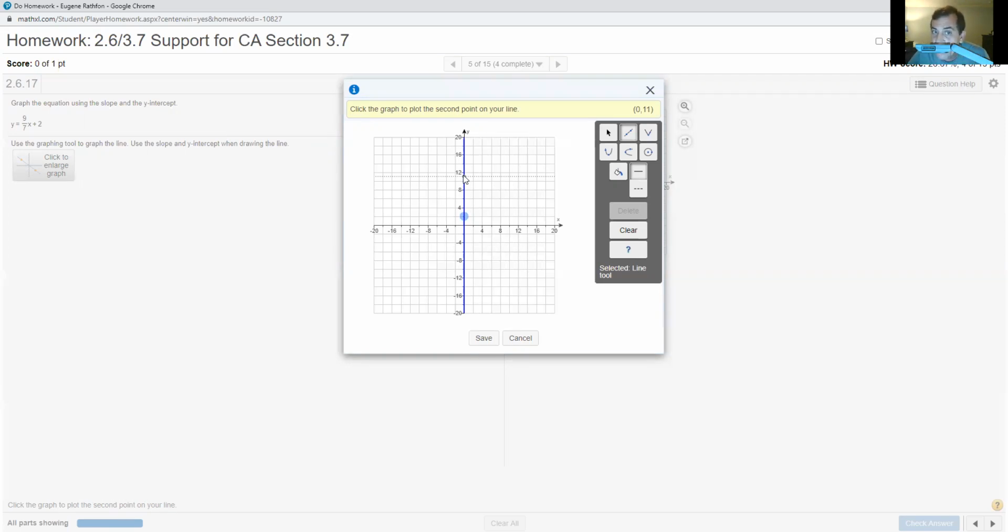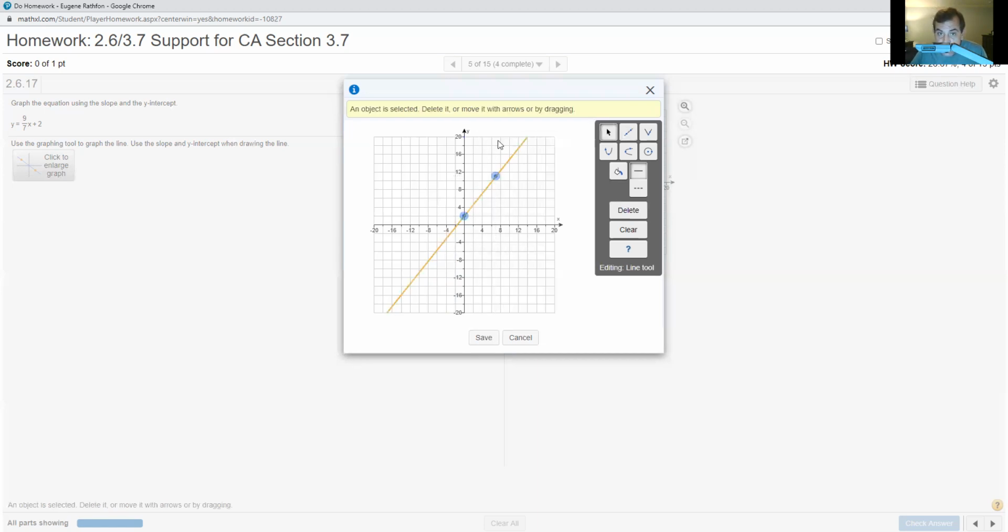But now I got to move my x's. So the bottom number is a positive 7. So from where you are now at that 11, you're going to move right 7 units. So that my point is now 7, 11, and I'll click it. Now check this out.